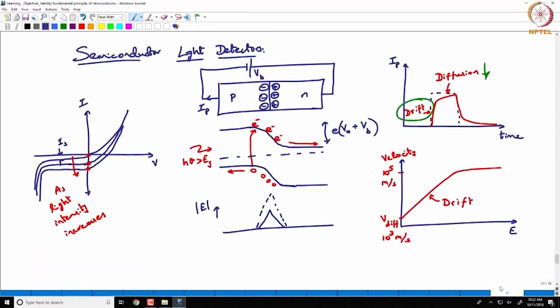The electrons and holes are generated all across, and if the electron-hole pairs are generated in the depletion region, they are under the influence of the electric field, so they get pushed out faster. But if they are generated anywhere else, they are under the process of diffusion. When we look at this graph closely, there is a slight difference between the current at 0 bias and the current at some finite value of bias.